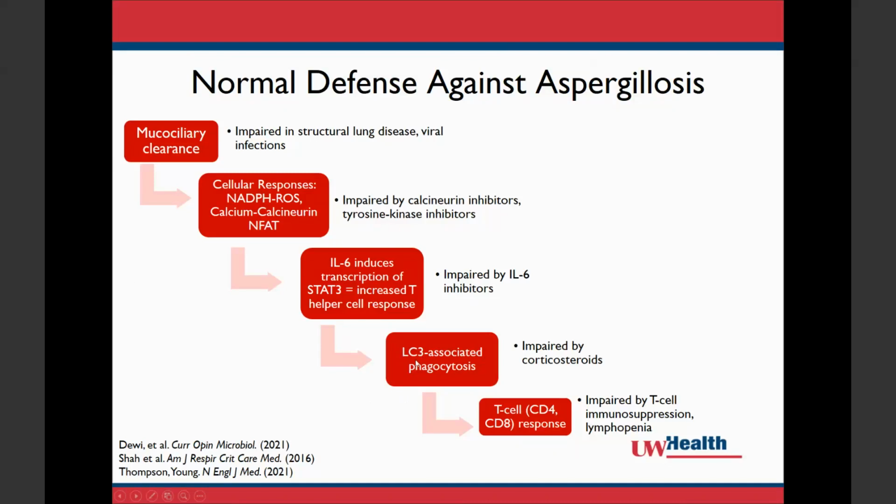And then you can see here, normally we have LC3-associated phagocytosis, which simply put is just another clearance mechanism that is impaired by corticosteroids. And then lastly, our T cell response, so our CD4 T cells and our CD8 response, can be impaired by T cell immunosuppression or lymphopenia. So all of these things are normally in place for us, but there are some things that can happen outwardly that can impair these normal responses.